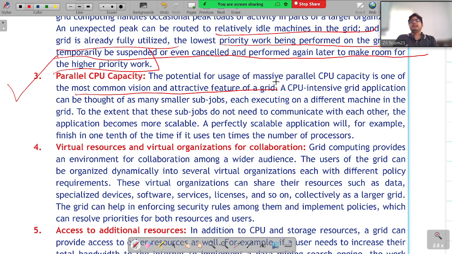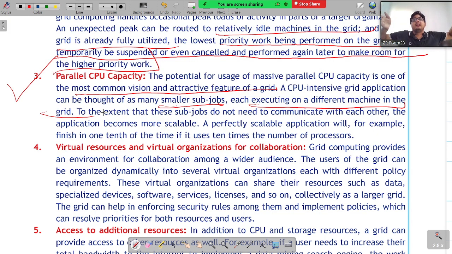A CPU intensive grid application can be thought of as many smaller sub jobs. As I told you, I have one task of 5 minutes, and I divide that task among 5 people for 1 minute each. So the big job is divided into sub jobs, and these smaller sub jobs execute on different machines.